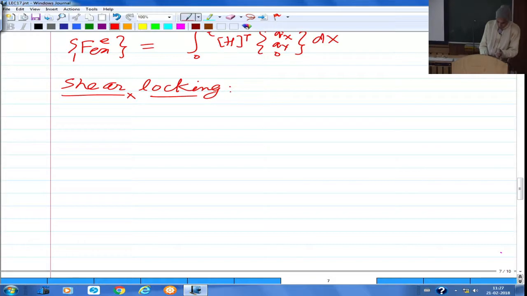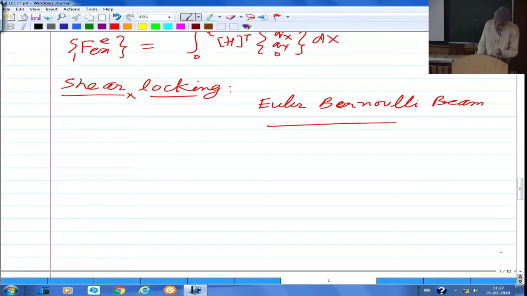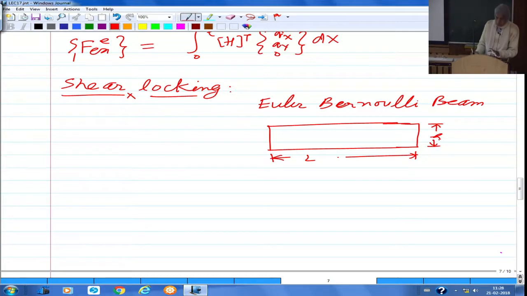So before I actually introduce this term, I will just remind you that in Euler-Bernoulli beam theory, what we said is that it is applicable for thin beams. So if I have this as the entire beam, and this is the total length of the beam, and the typical cross sectional dimension is let us say height h.